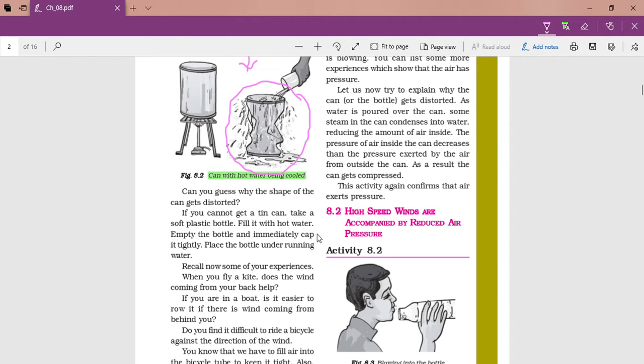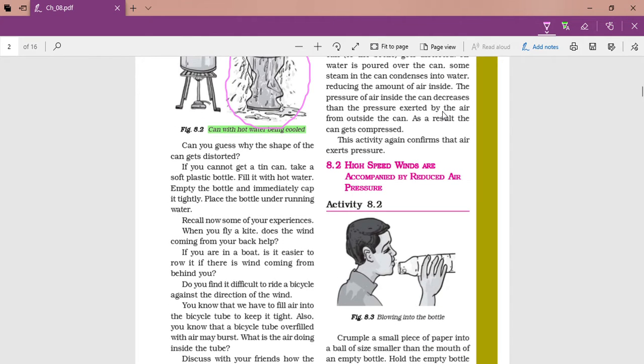As water is poured over the bottle, some steam in the bottle condenses into water, reducing the amount of air inside, which reduces the air pressure inside compared to the pressure of the air outside the bottle. As a result, the bottle gets compressed. The compressing of the can proves that air exerts pressure.